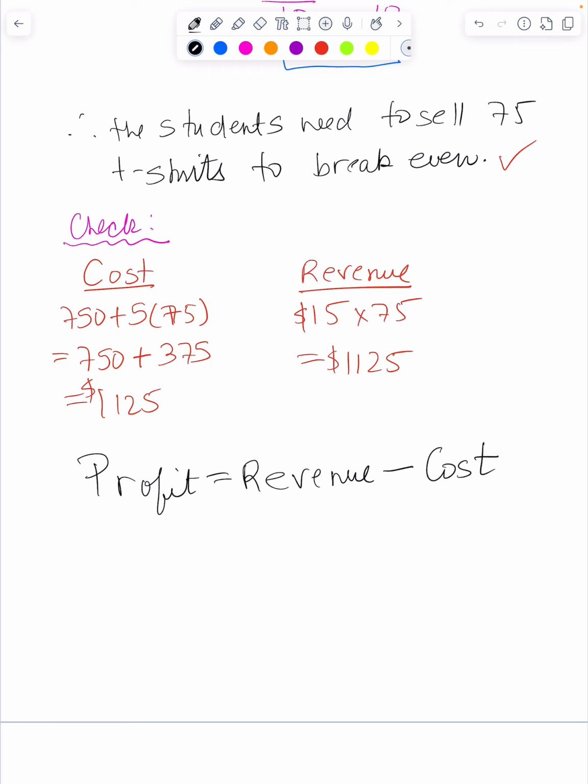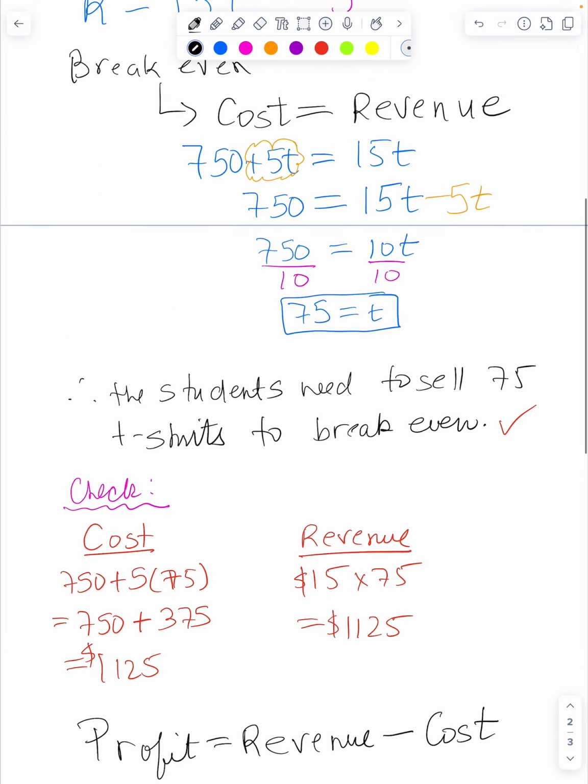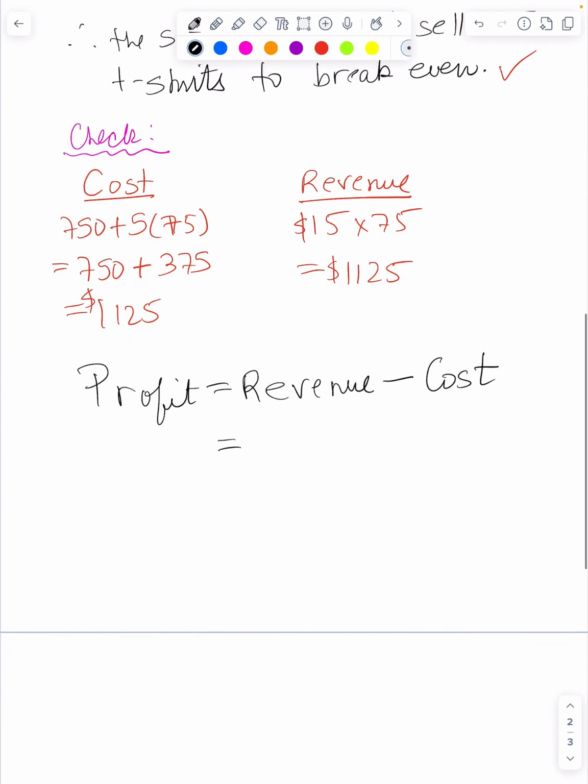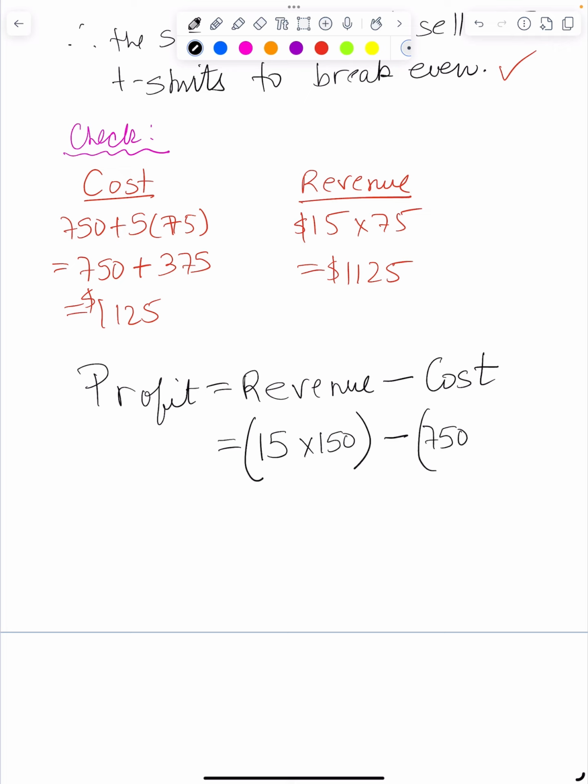So it's telling you that you are selling 150 t-shirts. So the revenue generated is going to be $15 times 150 t-shirts, minus the cost, which is $750 plus $5 times 150 t-shirts.